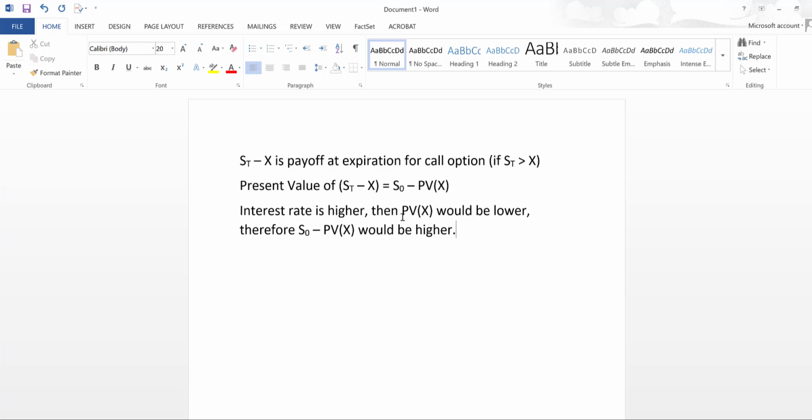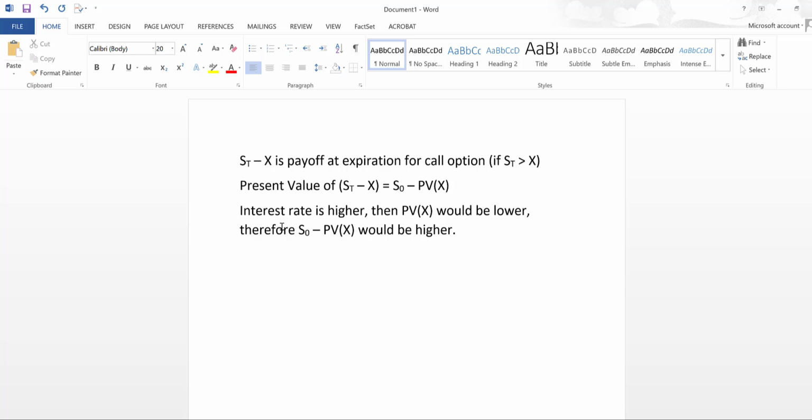So PV of X has gone down. So now you're subtracting a smaller number from S0. So overall S0 minus PV of X would be higher. So basically what this statement here is telling you is that if the interest rates go up, the value of the option payoff today would be higher, right?